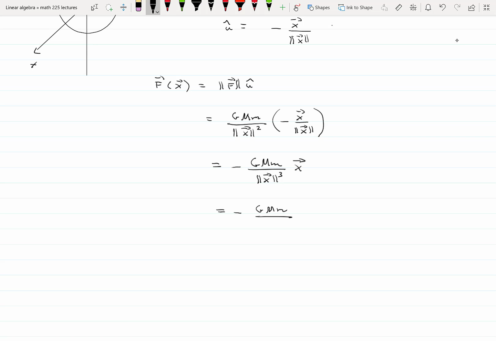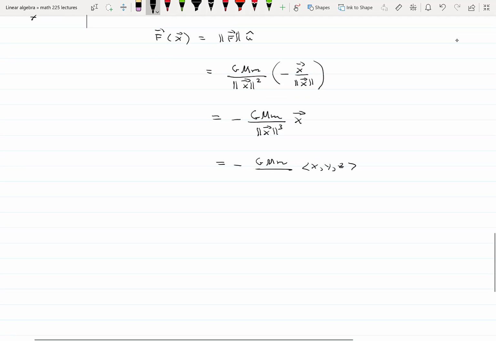So what I'm going to do is replace the position vector x with the components x, y, z, and the length of the position vector with the square root of x squared plus y squared plus z squared. I'm going to need more room here.